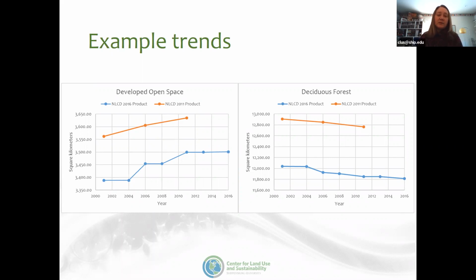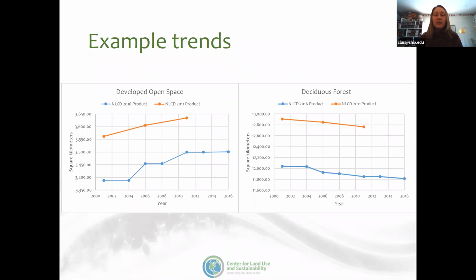So developed open space is increasing in both products, while deciduous forest is decreasing in both products. You do see differences in the amount of each land cover type that is estimated in each product. You also see a more frequent time step in the 2016 edition than you do in the 2011 edition.